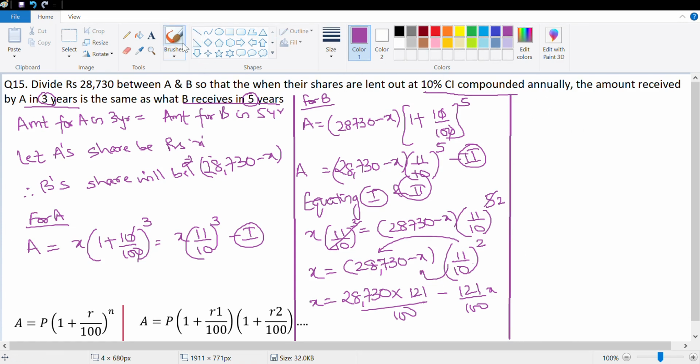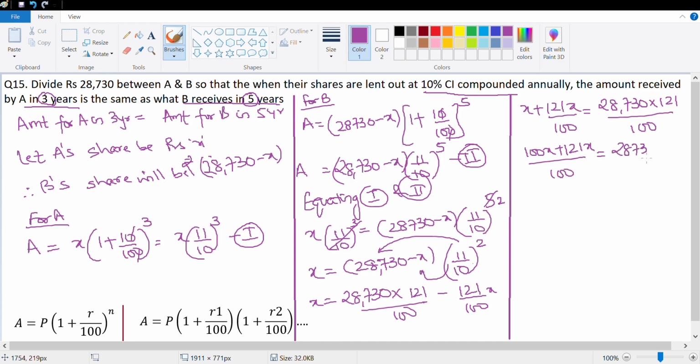Next, I take x on one side, so that's x plus 121x upon 100 is equal to 28,730 into 121 upon 100. Let's take the LCM. So the LCM is 100, so that's 100x plus 121x upon 100 is equal to 28,730 into 121 upon 100.